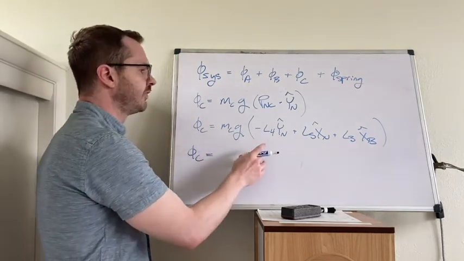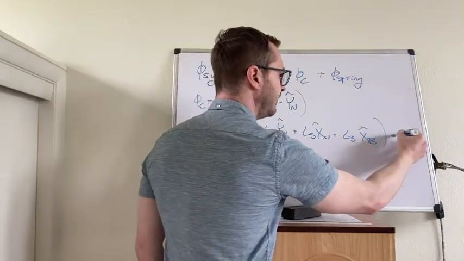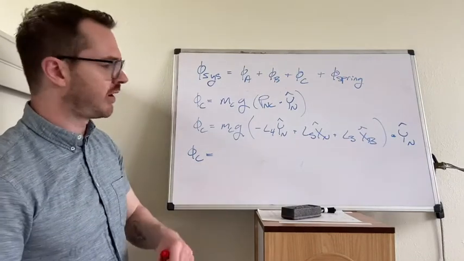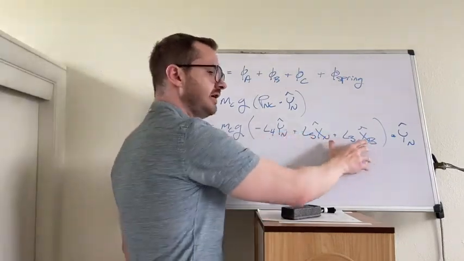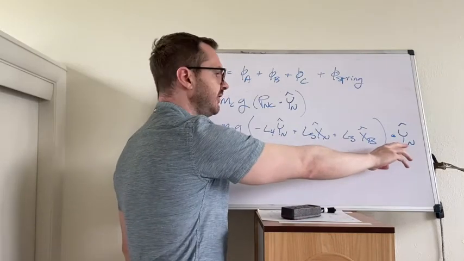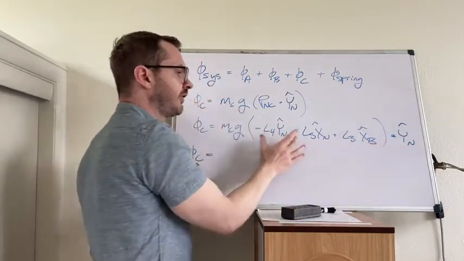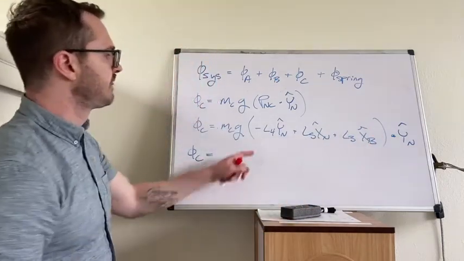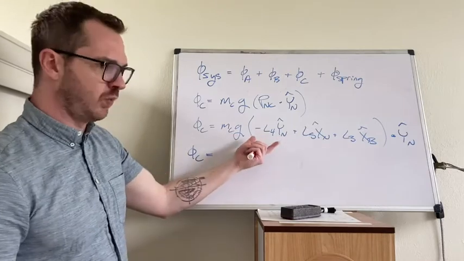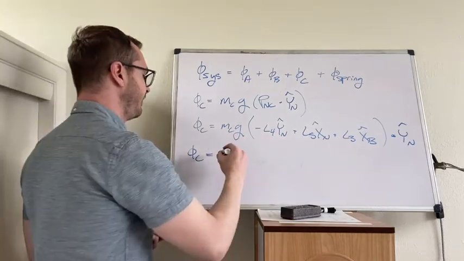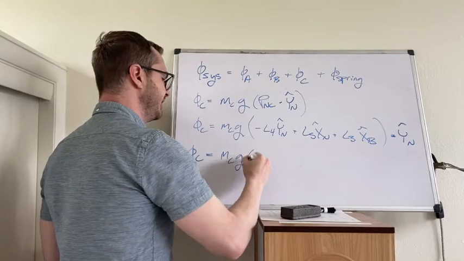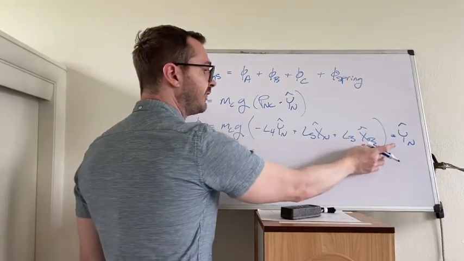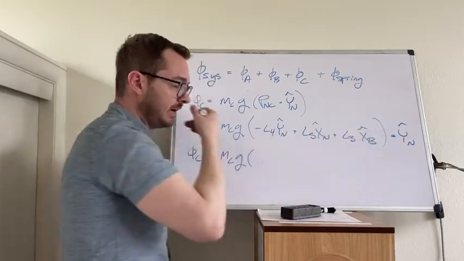Okay, so when you perform this dot Y hat N, okay, when you perform this dot product, what happens? We could distribute the dot Y hat N. So it's this first term dot Y hat N, the second term dot Y hat N, third term dot Y hat N. Clearly Y hat N dot Y hat N is 1, so we're going to end up with MC times G. There's going to be a negative L4, this one's going to be 0, and then we're going to have to rotate the B frame into the N frame.